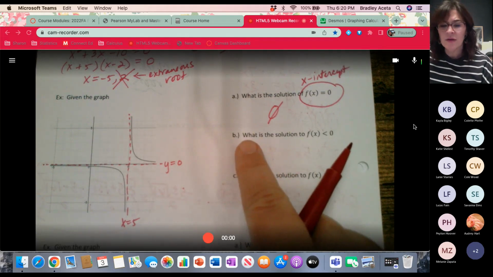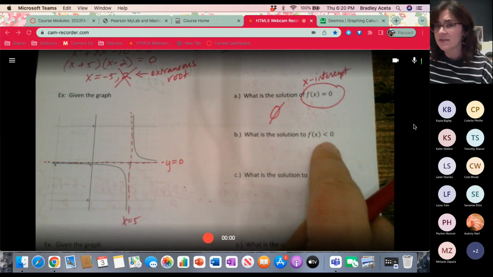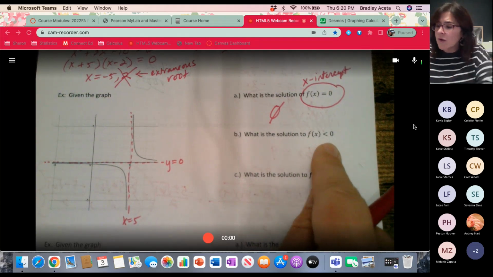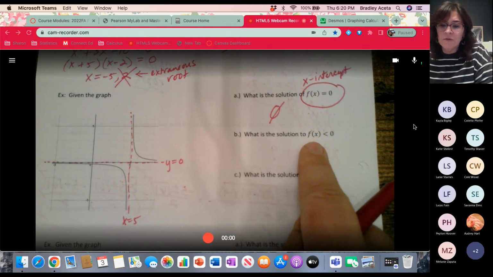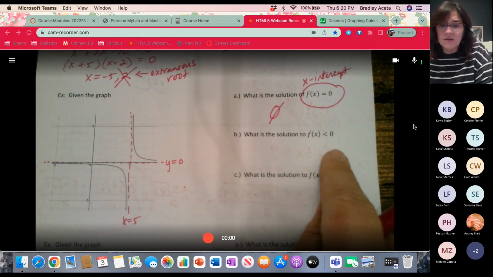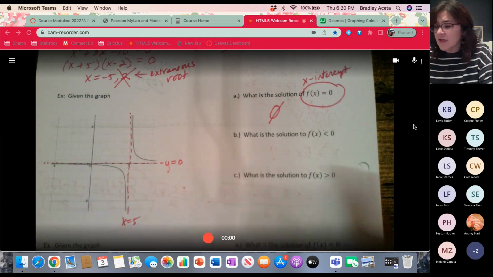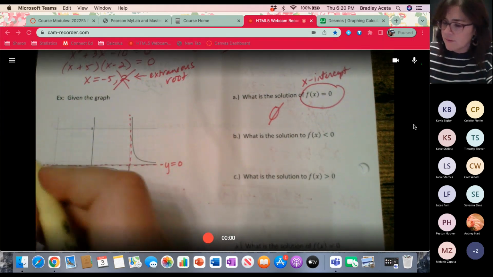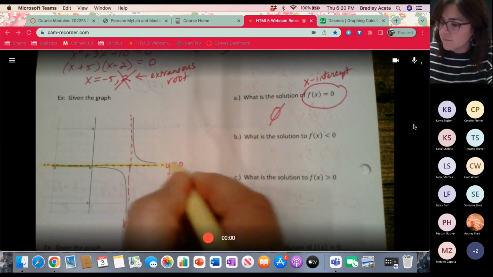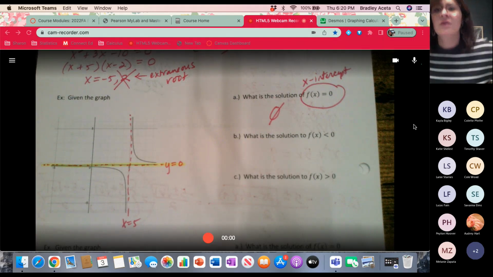This question is saying, okay, well, what is the solution then to f of x less than 0? Or what are the x values that make the y less than 0? Pretty much, which part of the graph is underneath this line right here, underneath this axis right here? Because that's really what they're focusing on. Which part of the graph is underneath that line right there, is less than?